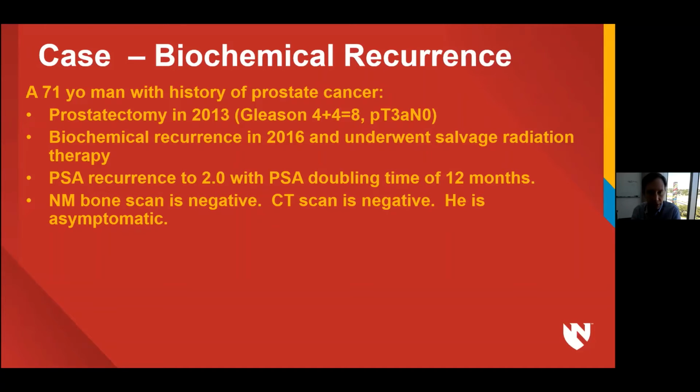However, unfortunately after this, he again had a recurrence with PSA recently rising to as high as 2.0. And if you calculate the doubling time, it has been 12 months. Based upon this recurrence, the patient undergoes staging studies. A bone scan is negative, a CT scan does not identify any sites of disease, and he's asymptomatic.